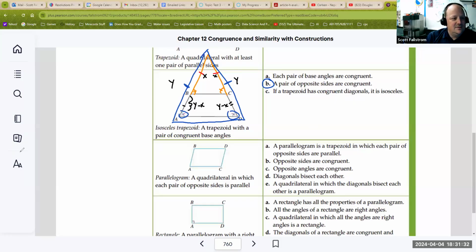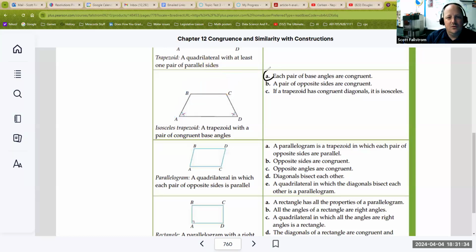So let's clear that off. So anyway, that takes care of the first two. And then if a trapezoid has congruent diagonals, then it is isosceles. Okay, so all I know now is it says it's a trapezoid. So I don't know these two pieces. This is a piece that's tied to an isosceles trapezoid, but it's not specifically given.